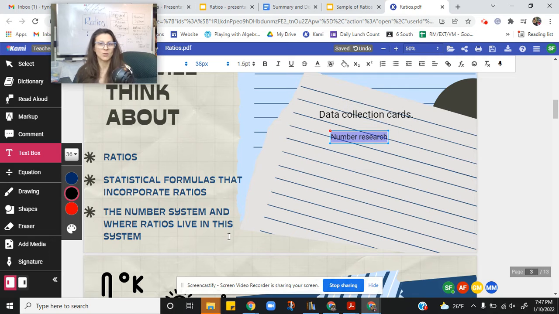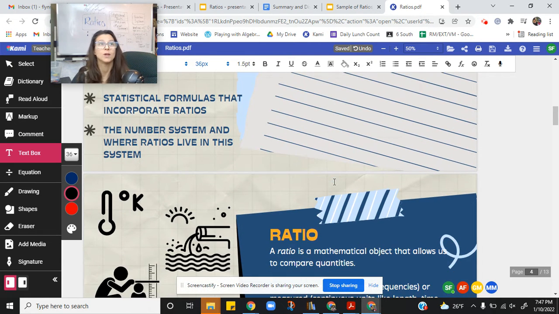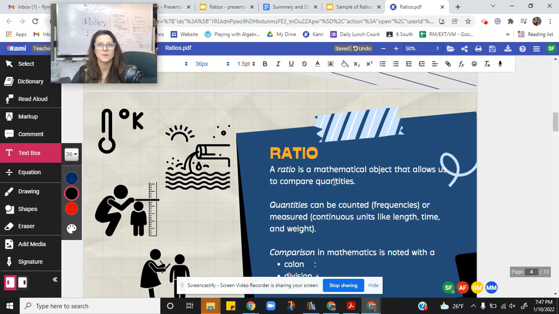And we'll also tie back to our number research projects from the beginning of the year so that you all can find a deeper connection to our number system, especially when it relates to ratios and the statistics that we are practicing.